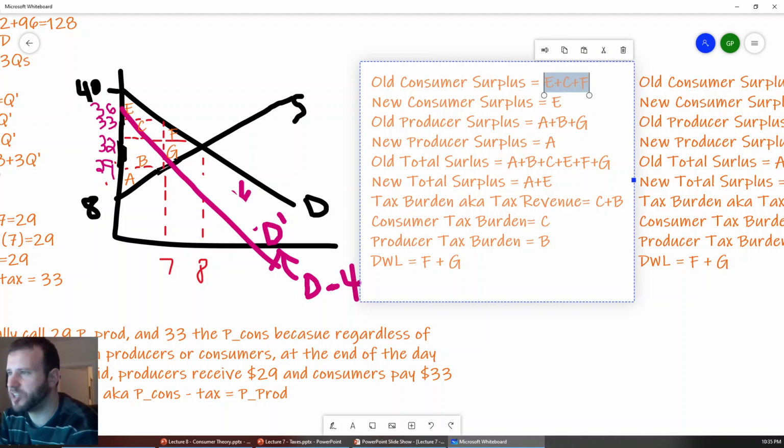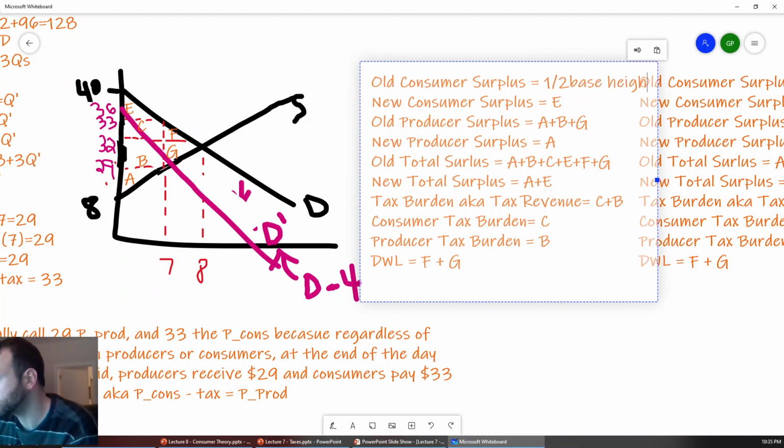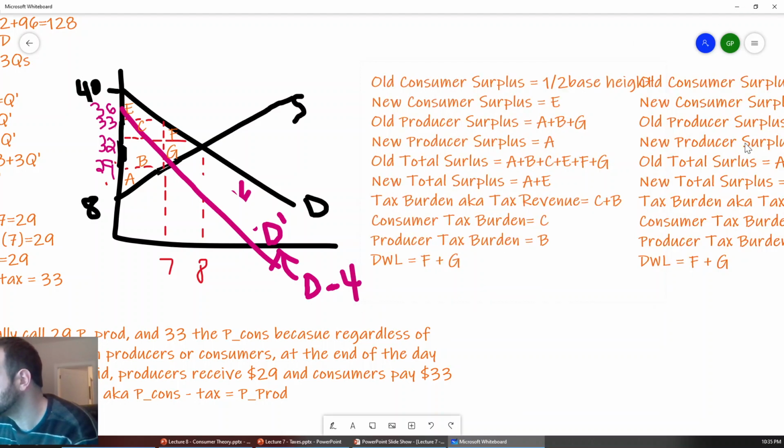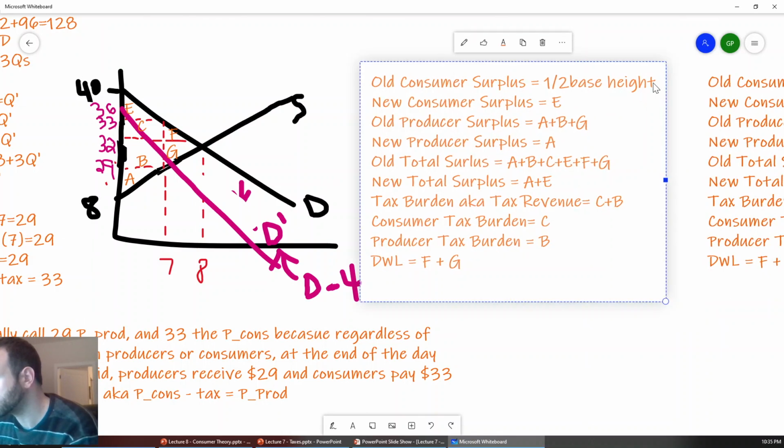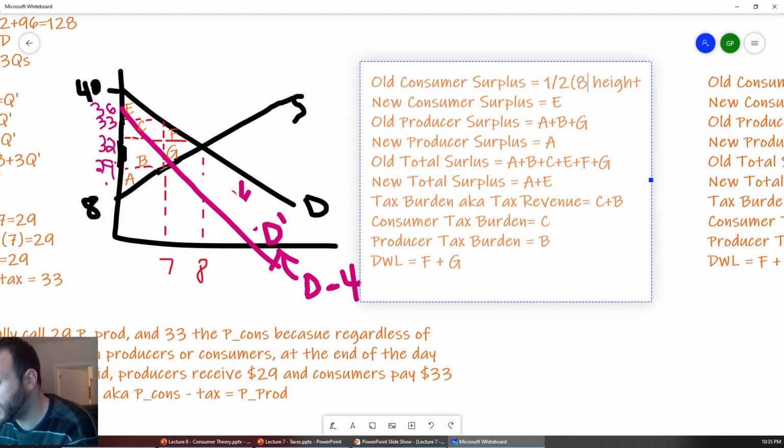Okay, so E plus C plus F is 1/2 base times height. And the base used to be, well, I guess we already saw this, but the base used to be 8.